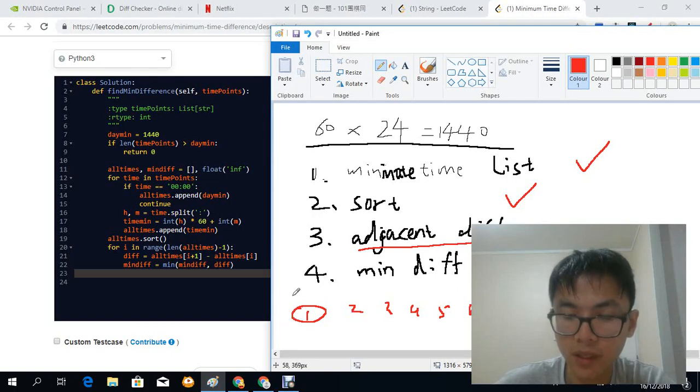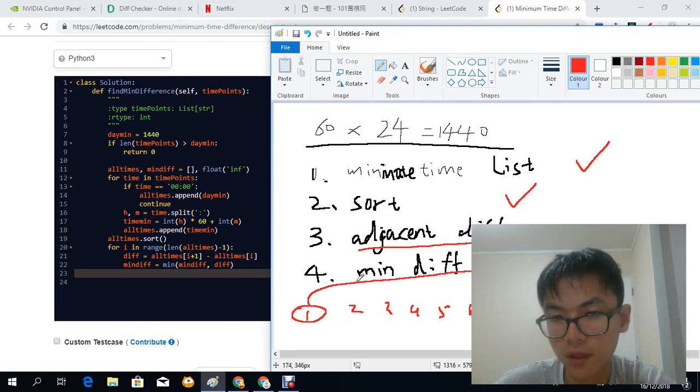So there will be a case where the difference between these is not solved. So it's the smallest.